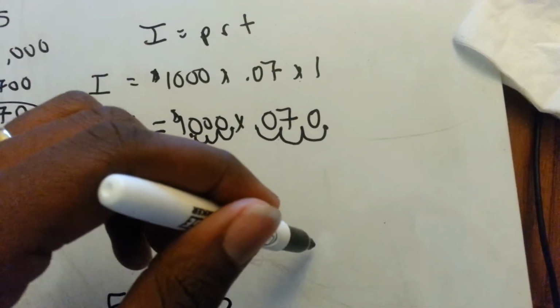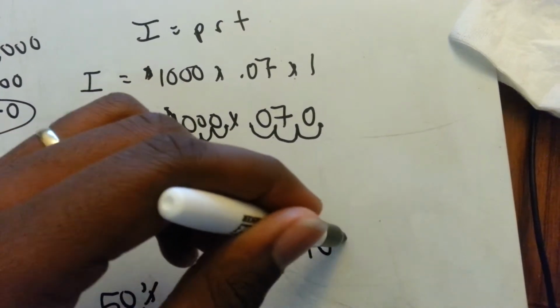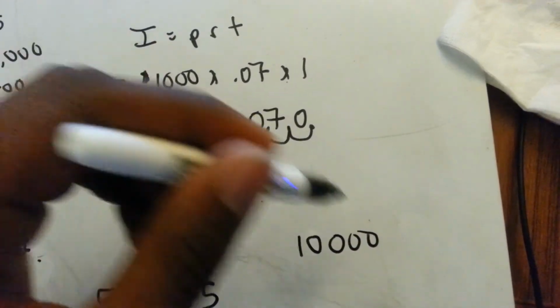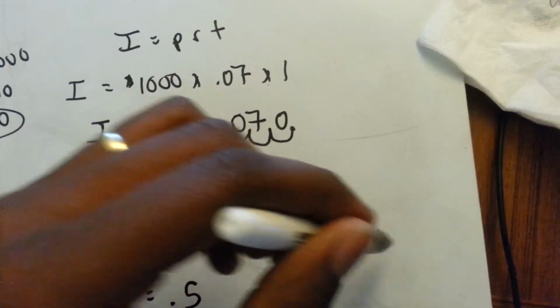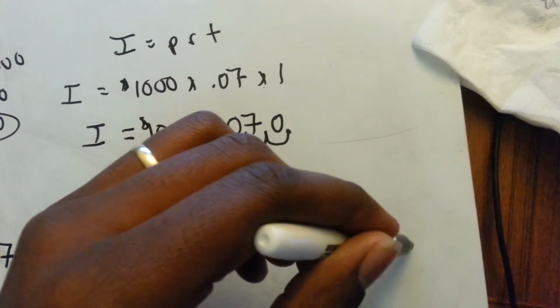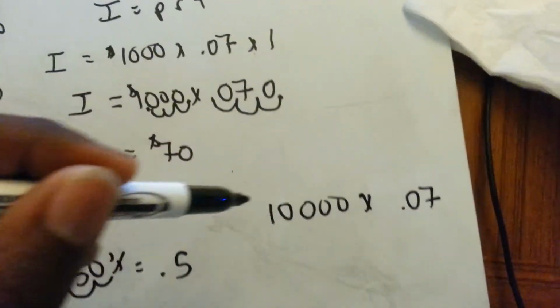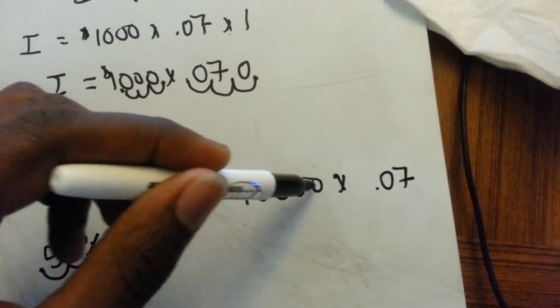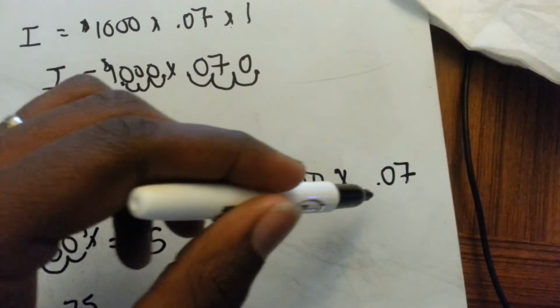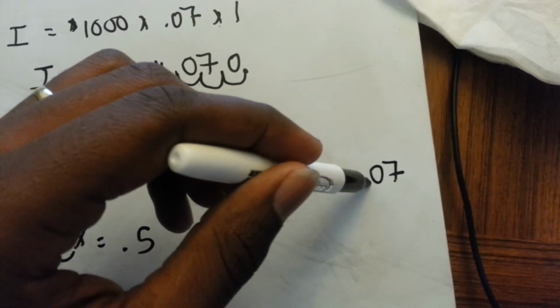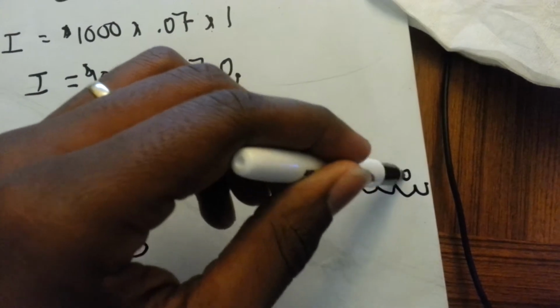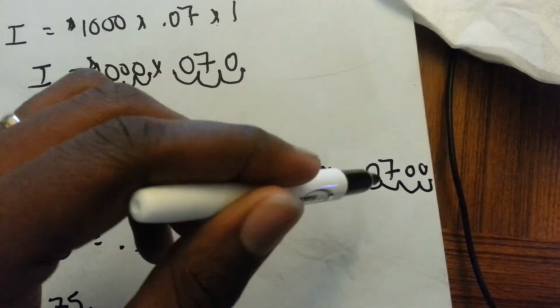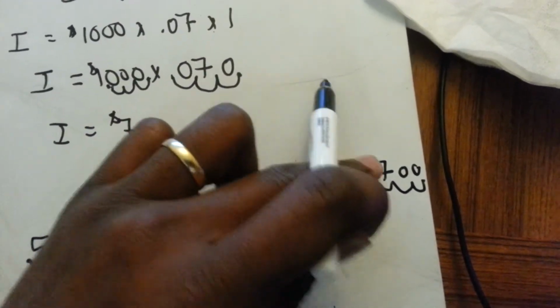So let's say I was multiplying 0.07 times 10,000. I move the decimal point 1, 2, 3, 4 places. I have to put 2 more zeros. So that would be 700.